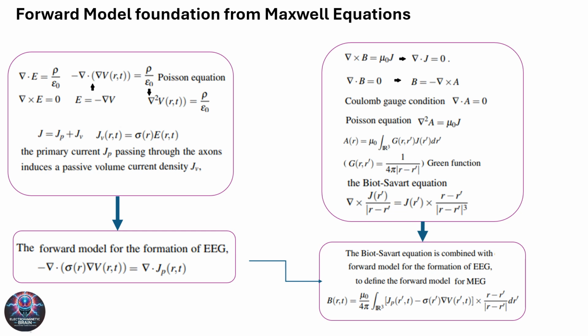The solution is given by A = μ ∫ J/R dV, and the magnetic field B is computed using the Biot-Savart law, B = μ/4π ∫ J × R/R³ dV. Combining this with the EEG forward model, the forward model for the magnetic field is expressed as B = μ/4π ∫ J σ∇V × R/R³ dV.